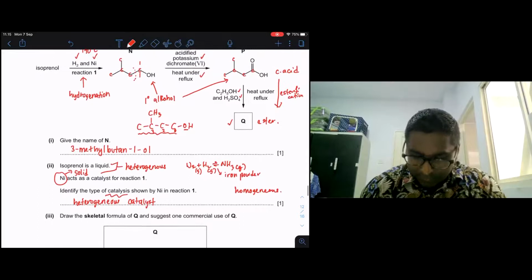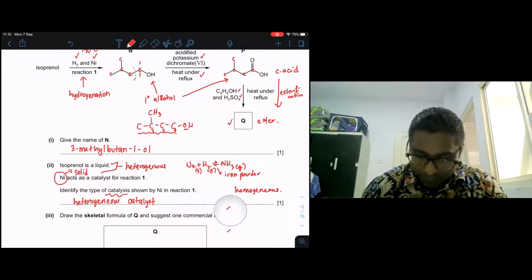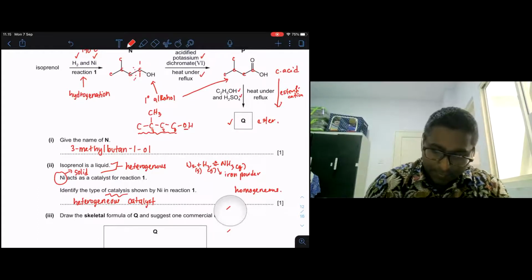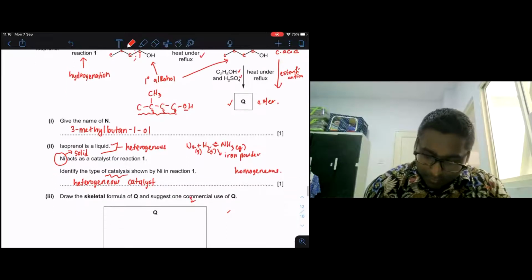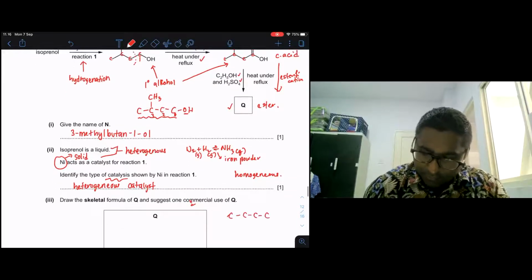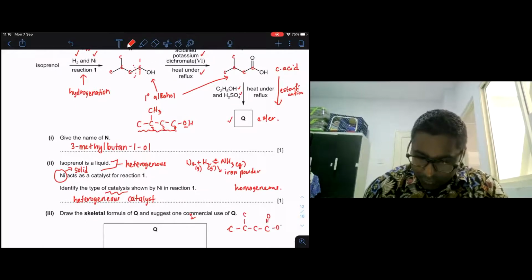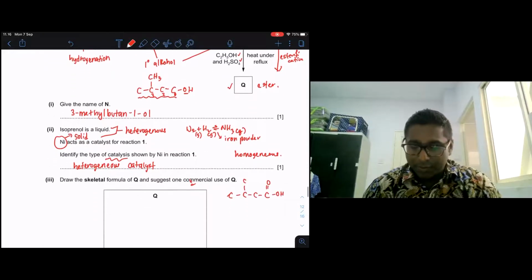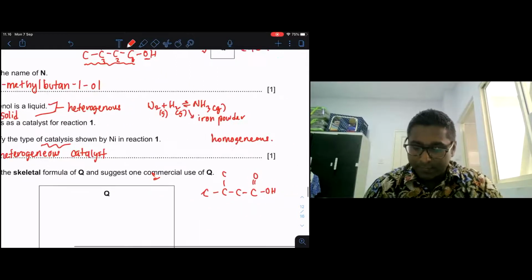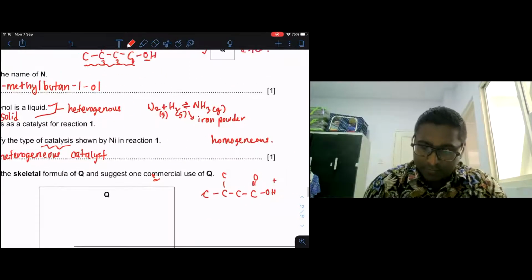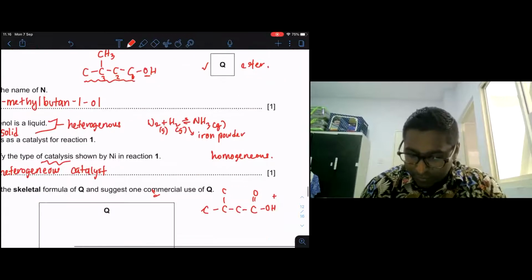I'll put C, 4C, 1C here, double bond, OH. So I want to react it with C2H5OH.